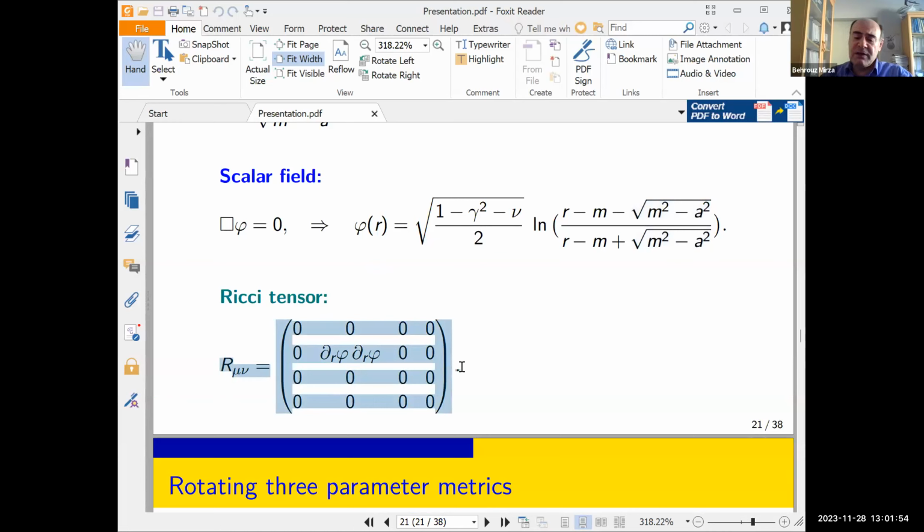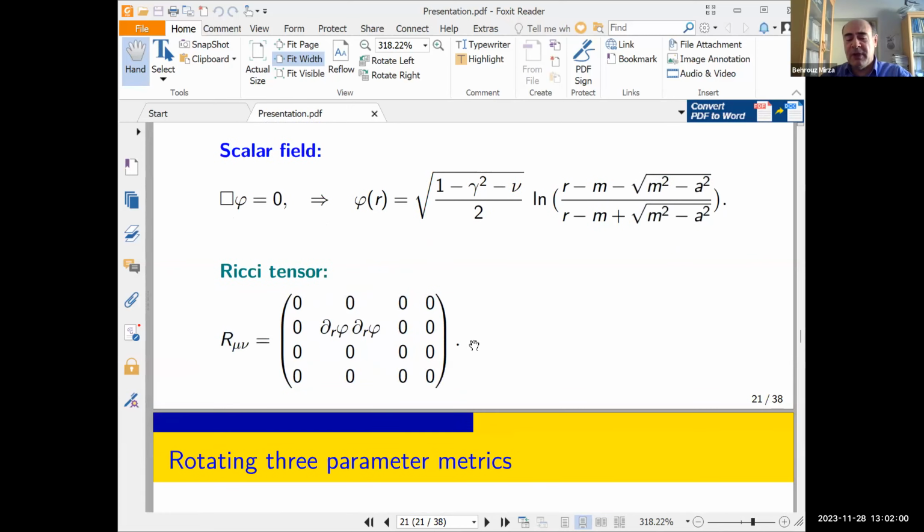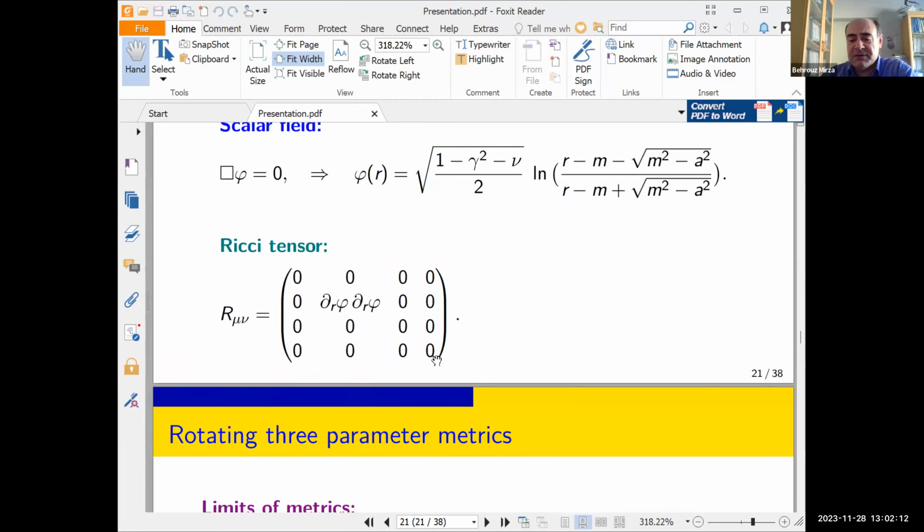In this solution, of course, this should be done by computer, using software such as Mathematica or Maple, and by these software we can show that the Ricci tensor is exactly given by these metrics.